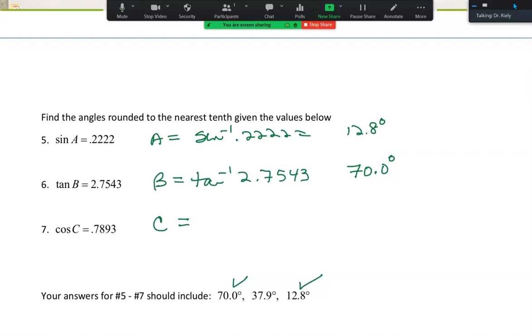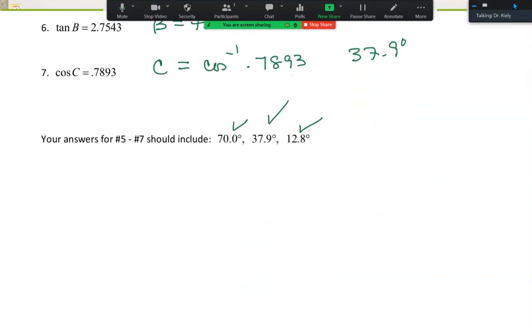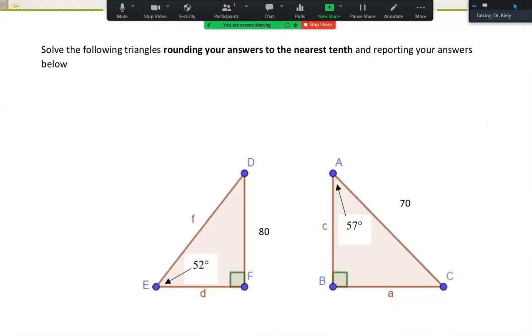I want to do cosine and put the number in and verify that you are getting 37.9 degrees. Bingo, done. So we have all of this done so far. If at any point you need to go back and go over this, go ahead, because this is good, solid work, and you need to have a very solid understanding.